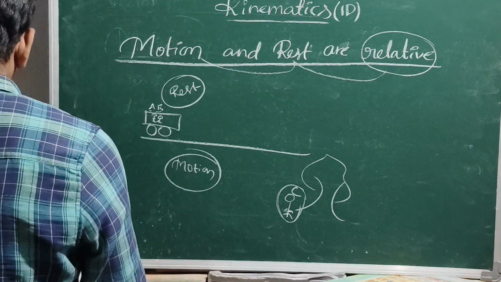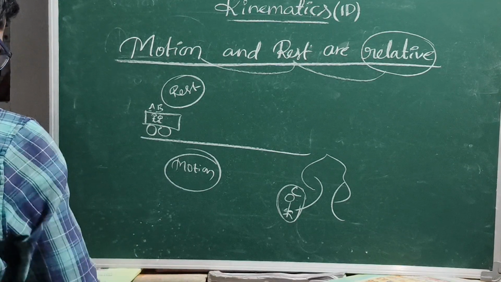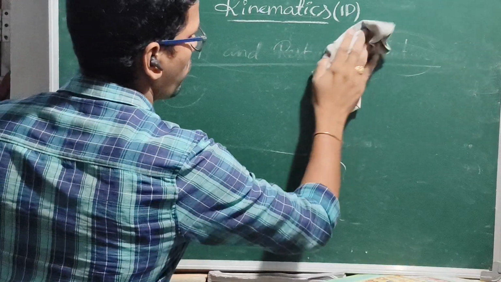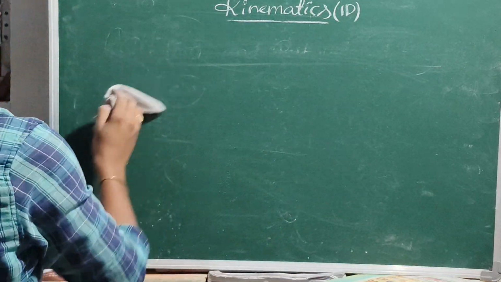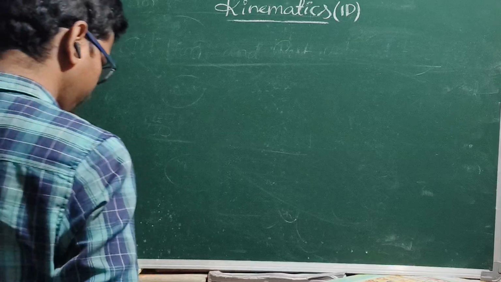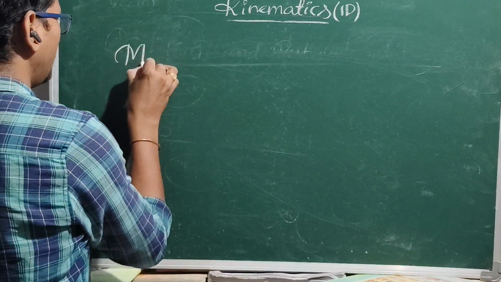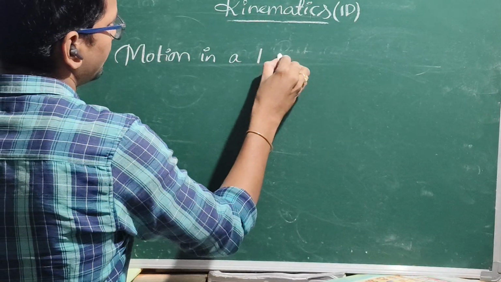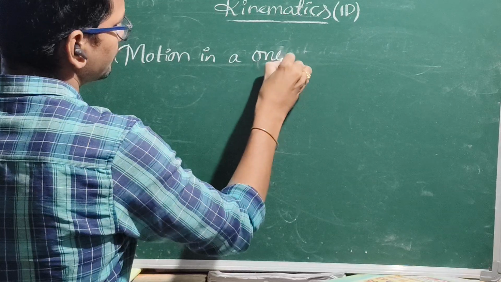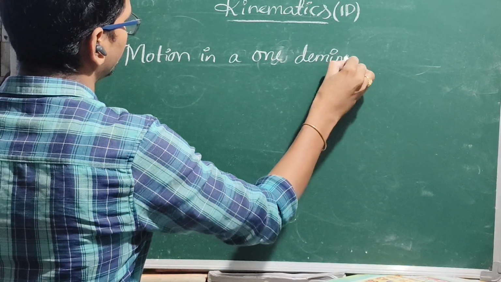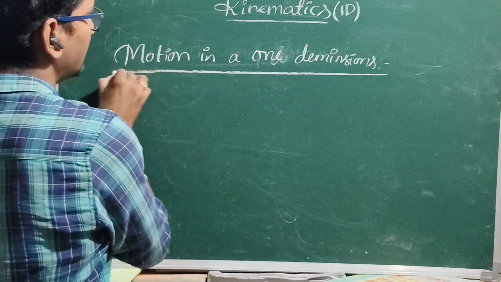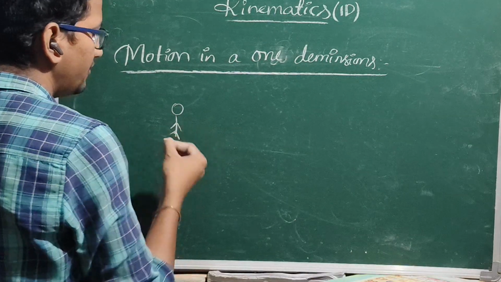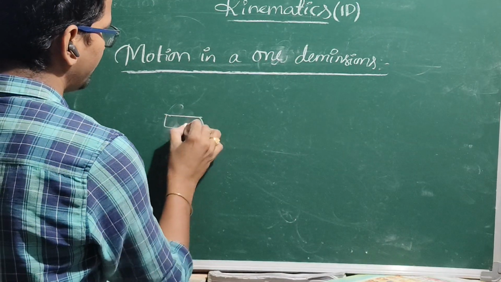Next one: motion in one dimension. For example, a person or a vehicle or a car, whatever it may be, we have to take one vehicle.